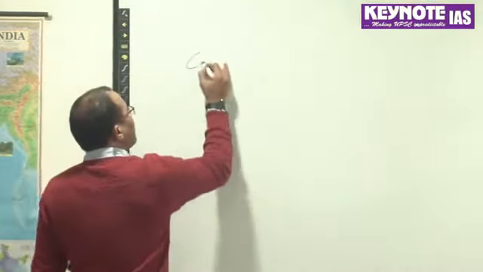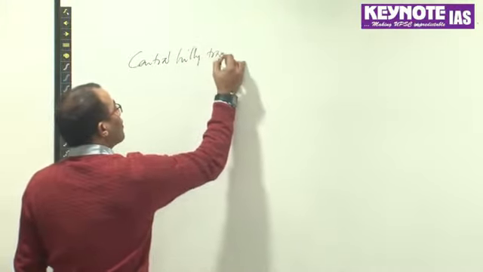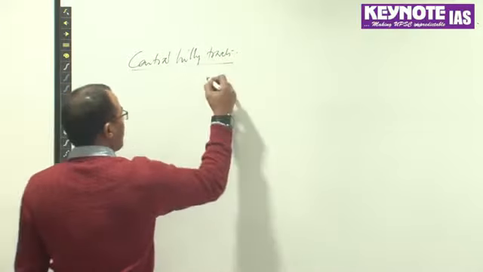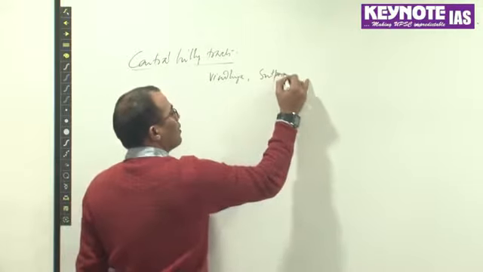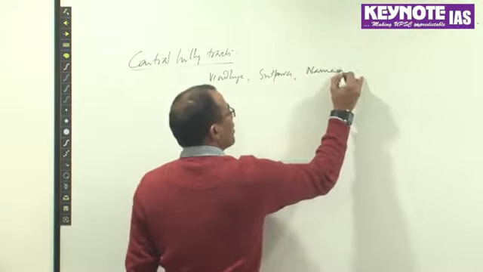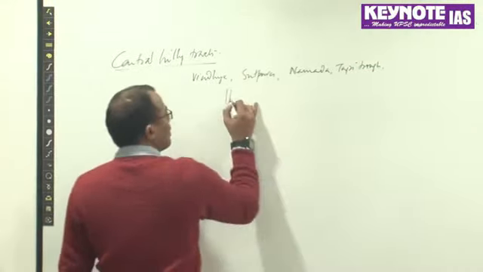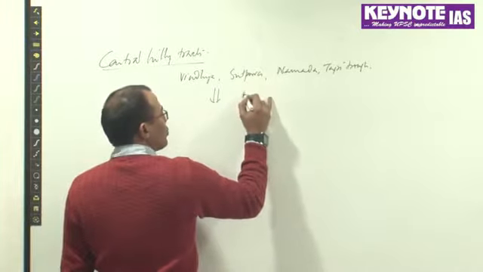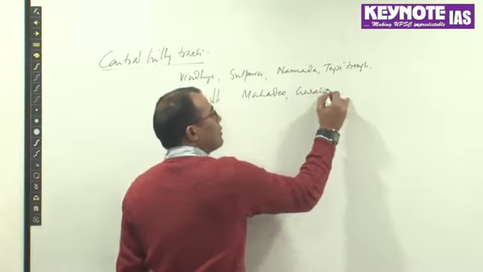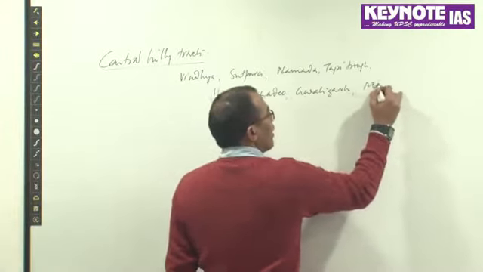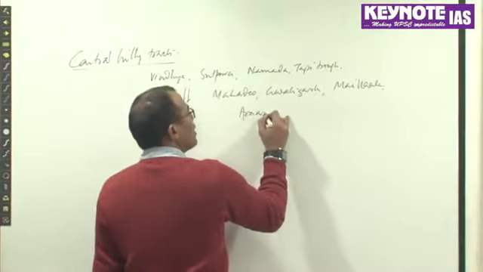Now the central hilly tracts consisting of Vindhya, Satpura, Narmada-Tapi Trough, then the isolated blocks of Mahadev Hills, Gwaligarh Hills, Maikala Range, then you have Amarkantak culminating it.